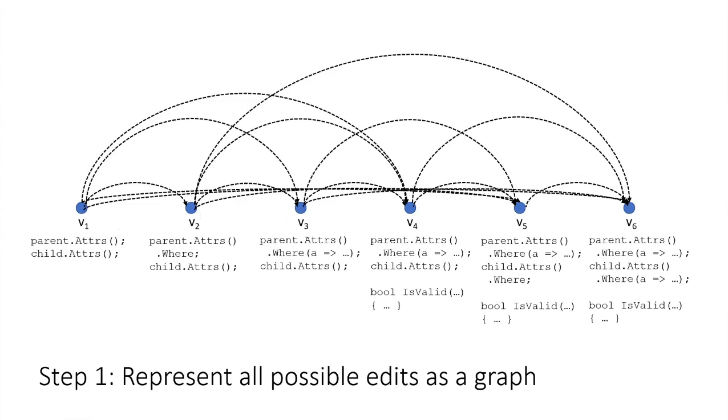The first thing that we do is represent these changes as a graph, a DAG where every edge represents a change from one version of the code to another version. Now we can represent every possible change that the user wants to automate.